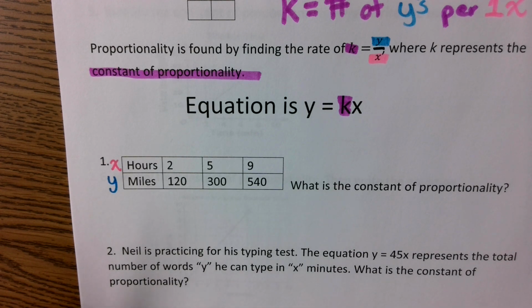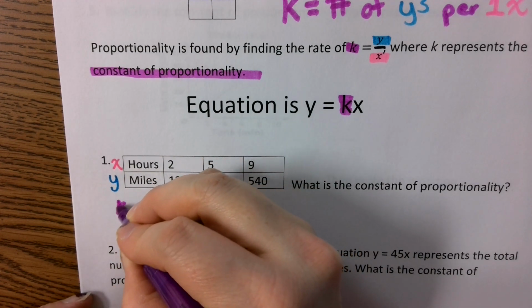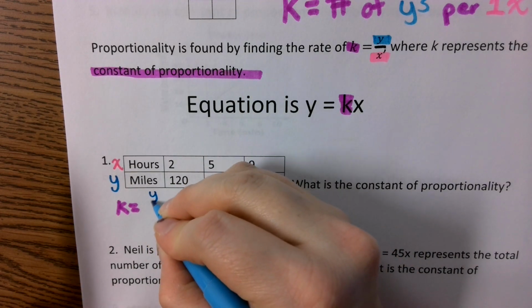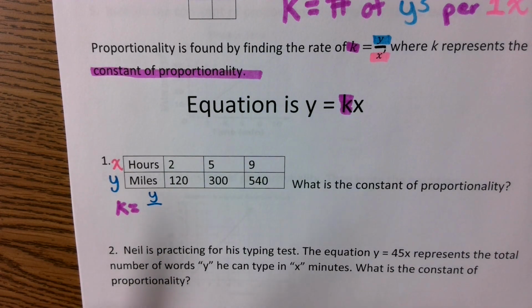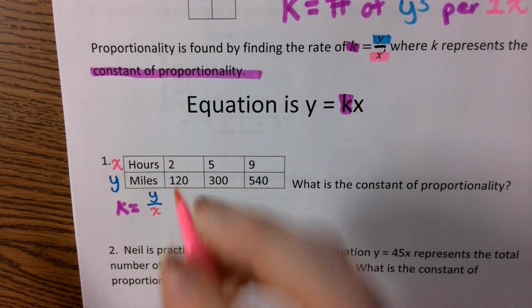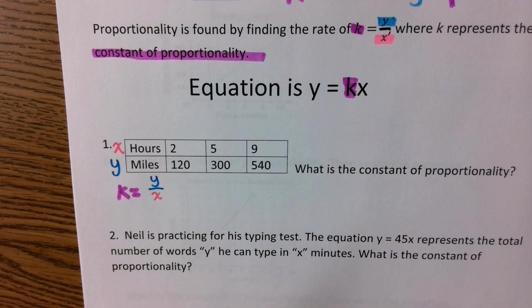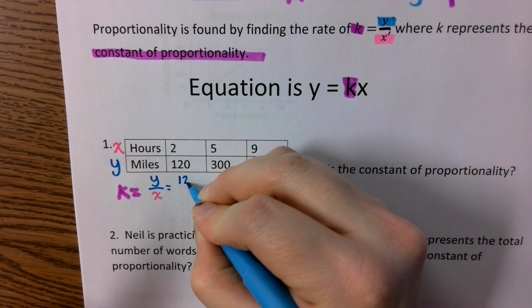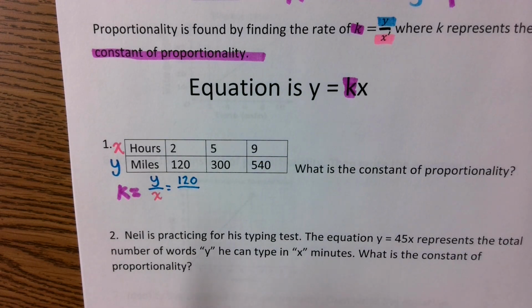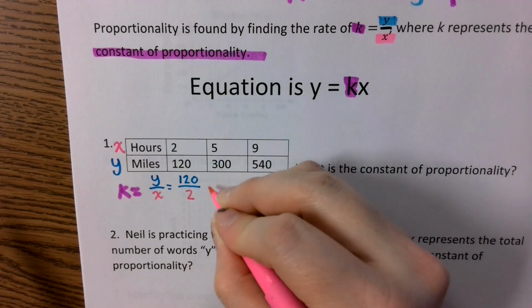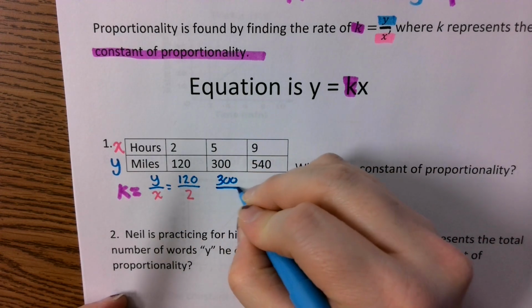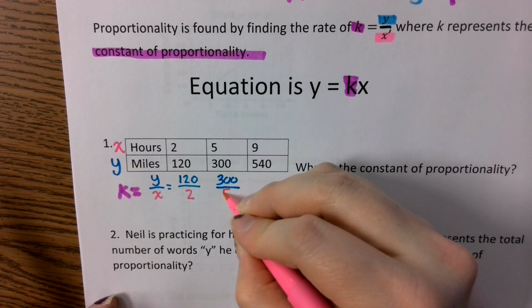Okay, so when I'm trying to figure out what k is going to be equal to, again, we set it up as y divided by x. We're going to do y divided by x. So that means here we're going to do 120 and divide it by 2. We're also going to do 300 and divide it by 5.